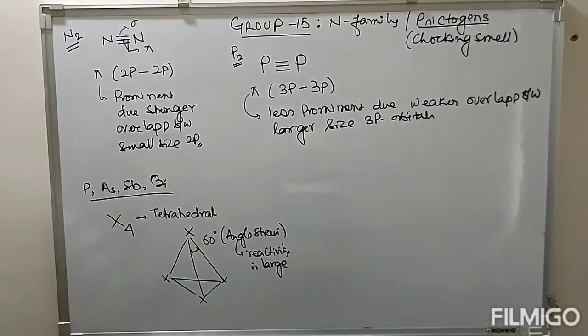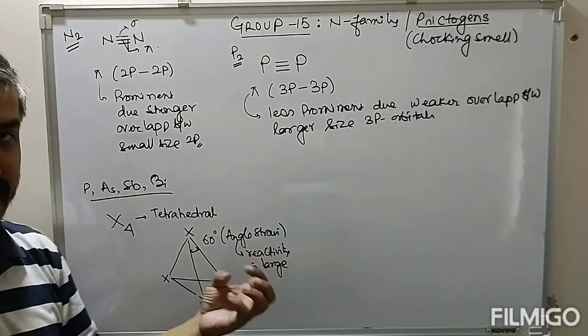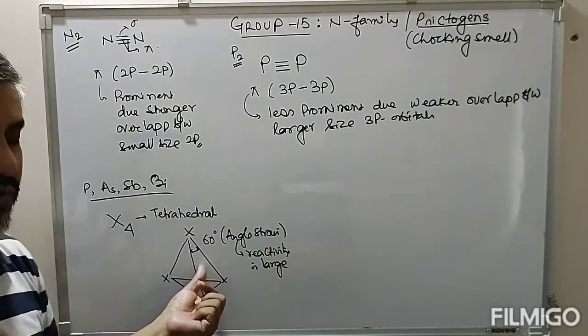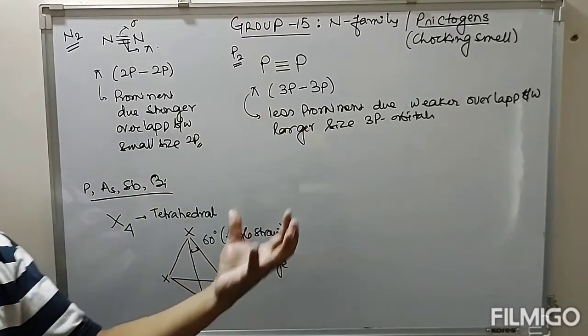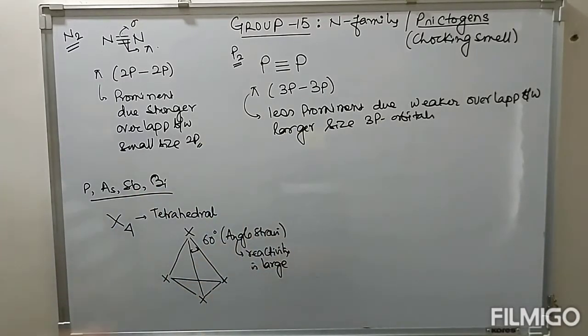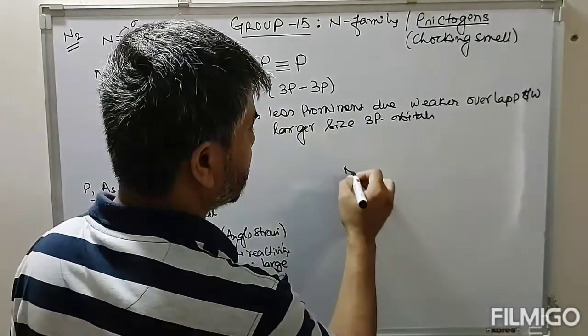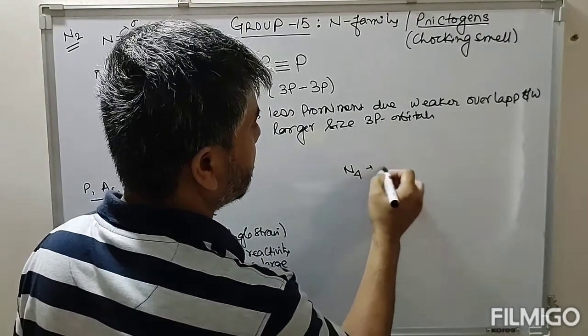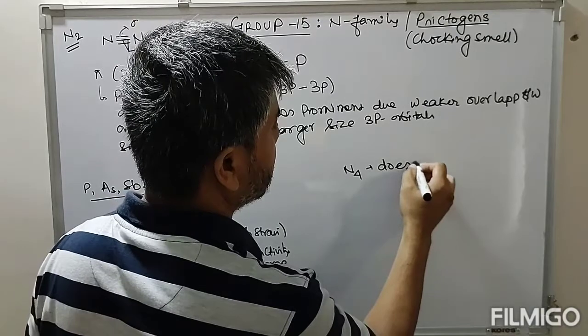Given a chance, it will break this bond so that the angle strain is released. So these elements form this tetrahedral X4, whereas nitrogen does not.